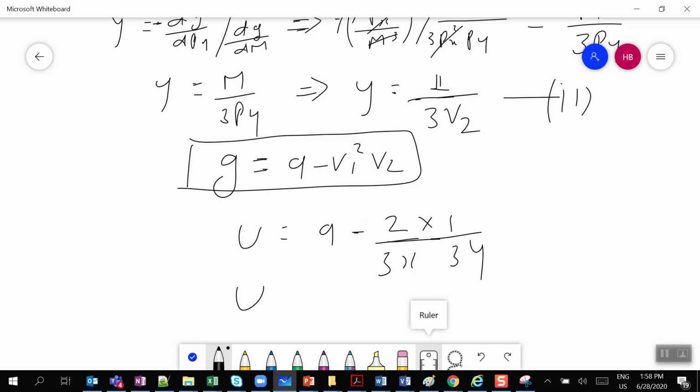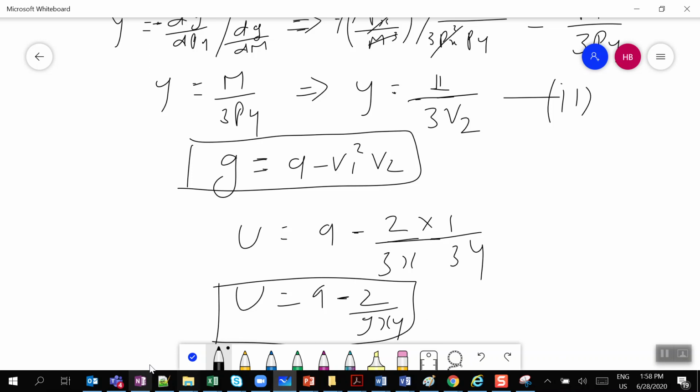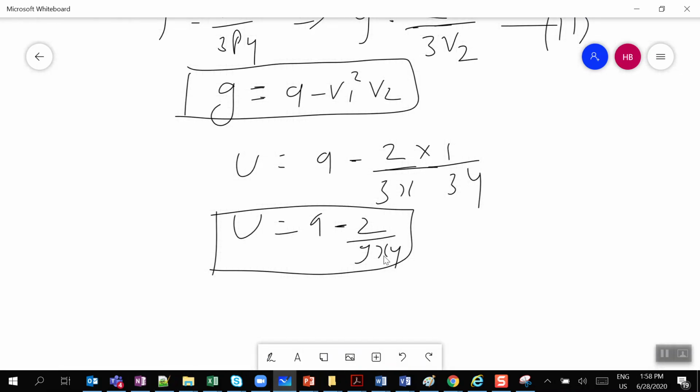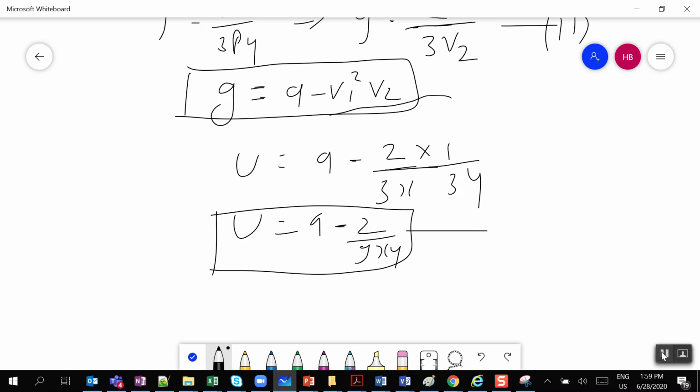So it becomes u equal to a minus 2 by 9 xy. That becomes your direct utility function in terms of quantity. Your indirect utility function was in terms of price and income, which were P and M, and your direct utility function becomes in terms of quantity. That is how you derive your direct utility function from your indirect utility function, making use of Roy's identity.